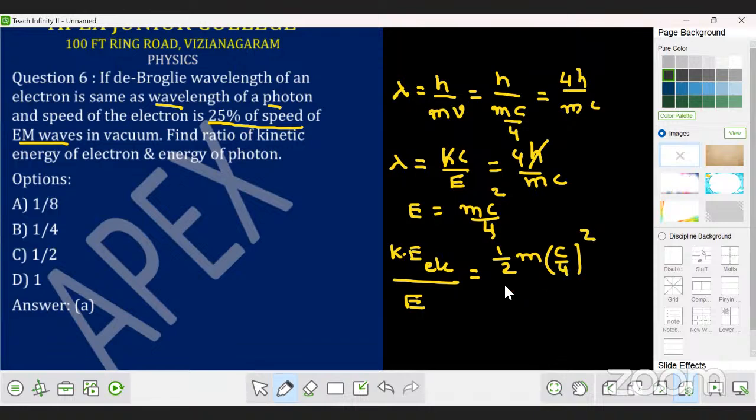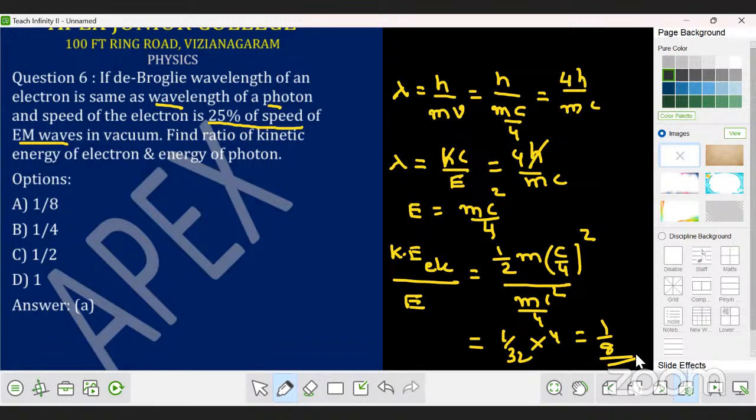This is kinetic energy of electron by energy of photon, which we already got, that is mc square by 4. Now by solving this, mc square and mc square will be cancelled. And 1 by 4 whole square is 1 by 16. 1 by 2 into 1 by 16 is 1 by 32, divided by 1 by 4. That is 1 by 32 into 4, which is equal to 1 by 8. Then the ratio will be 1 by 8 only.